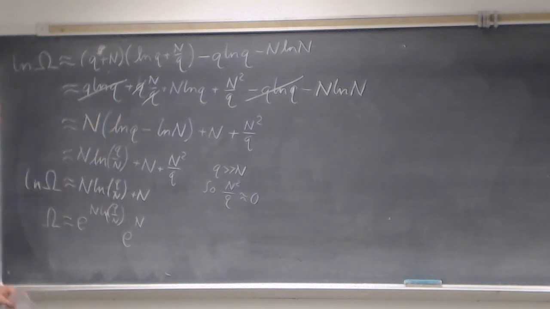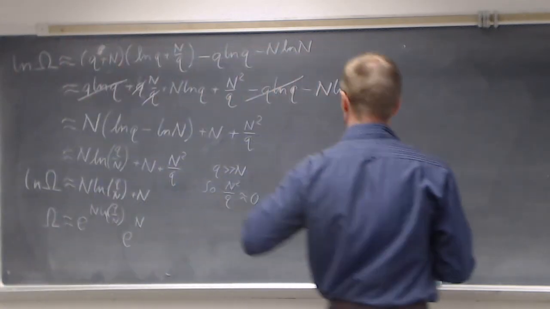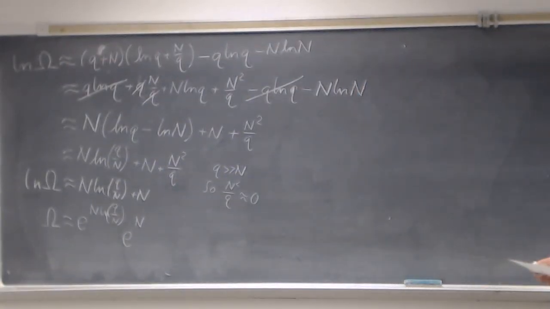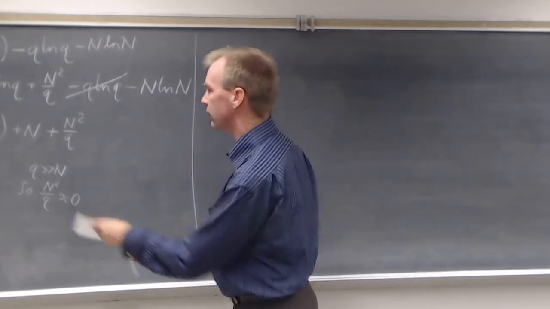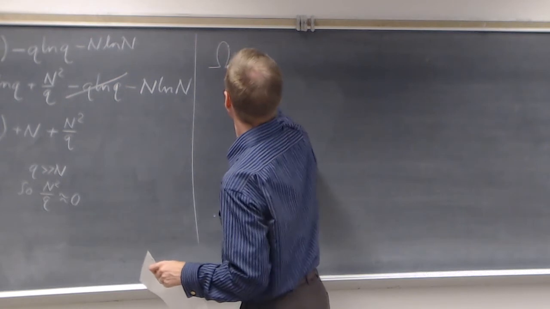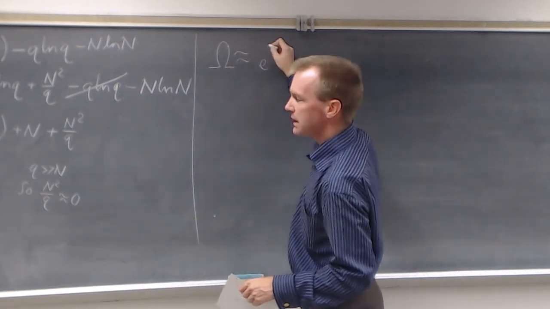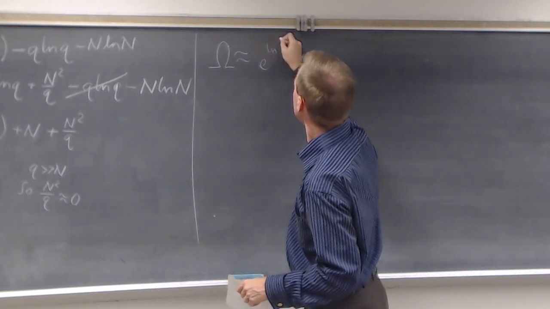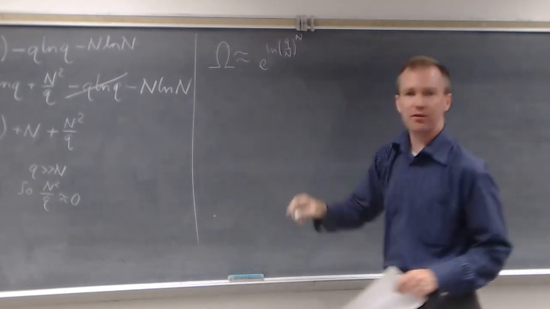I think I'm going to need more space up here now. Okay, that should be far enough. So I've got e to the natural log of q over n raised to the nth power.